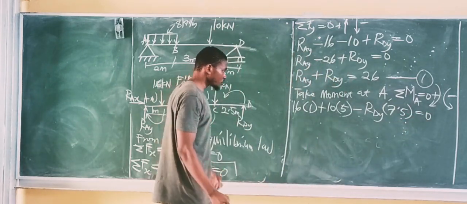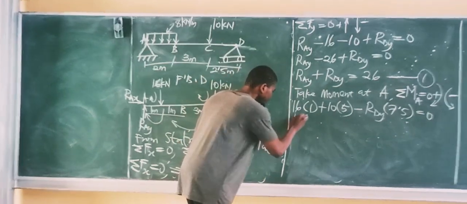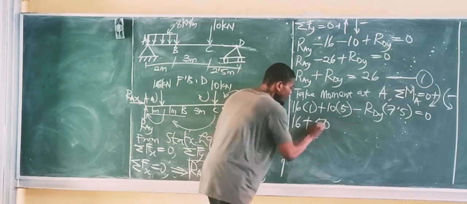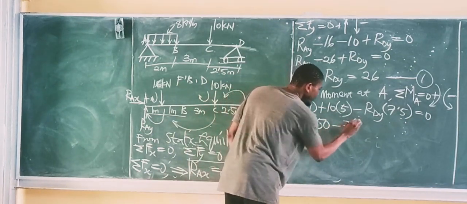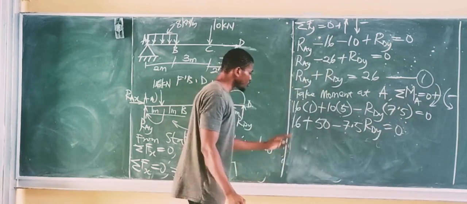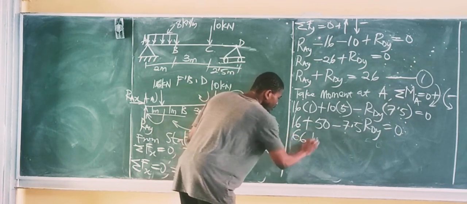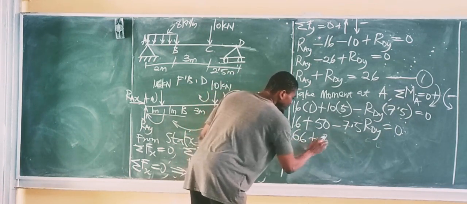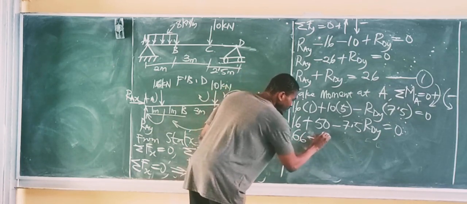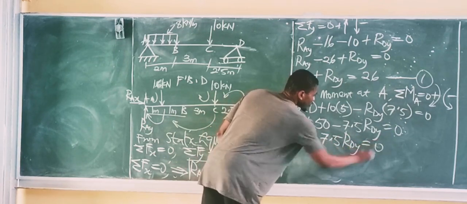So you have this. Okay, so let's expand the bracket now. 16 times 1 simply gives us 16, plus 10 times 5 simply gives us 50, minus 7.5 RBY equals 0. So 16 plus 50 is actually 66, minus 7.5 RBY equals 0.